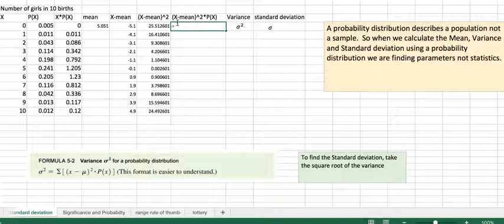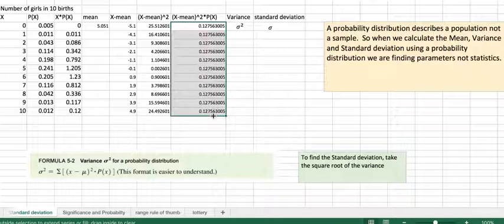So equals that number times the probability of 0 girls, and make sure I got it right, yes. So then I'm going to pull that on down, and that's multiplying each of those numbers by its probability.